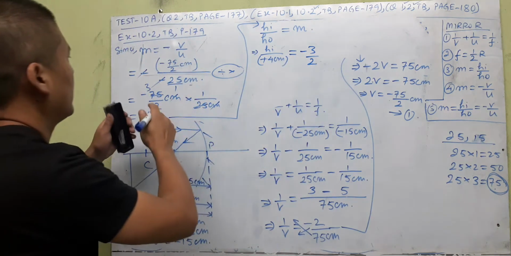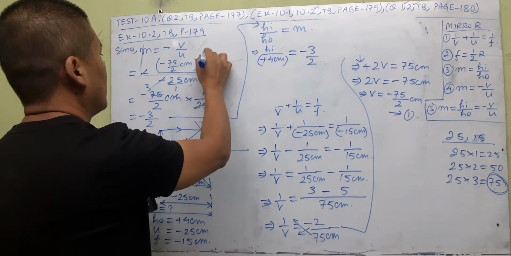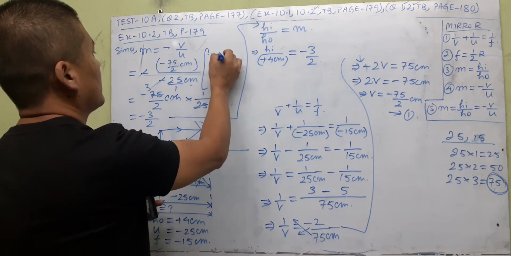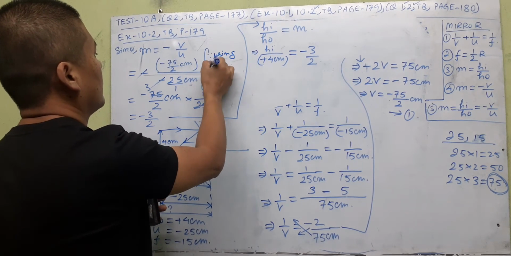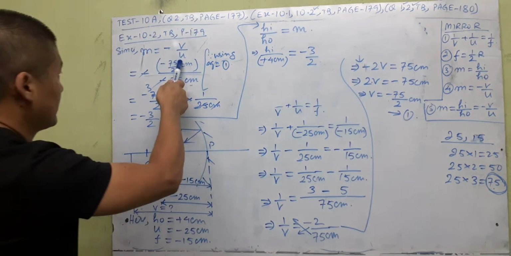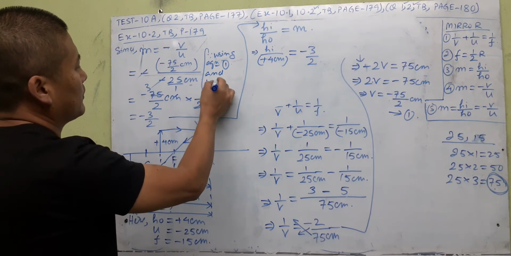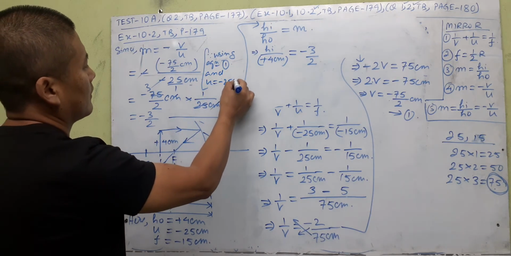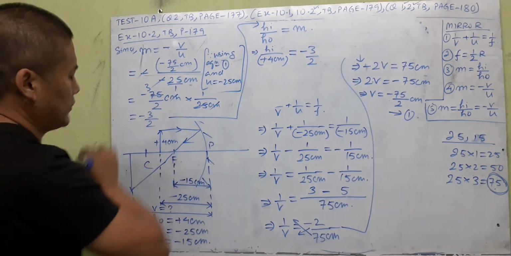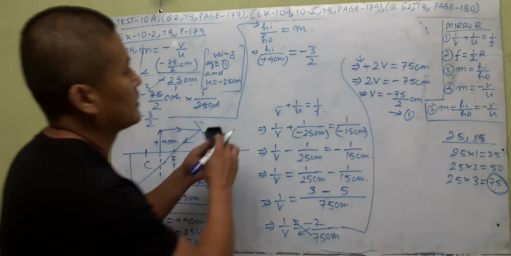I forgot to give the reason, but you can write the reason here again. Since using equation number 1, we got V as minus 75 by 2, and we know U from the beginning was minus 25 centimeters. So give that reason. That's why we put it here. Like that, you give the reason here also.